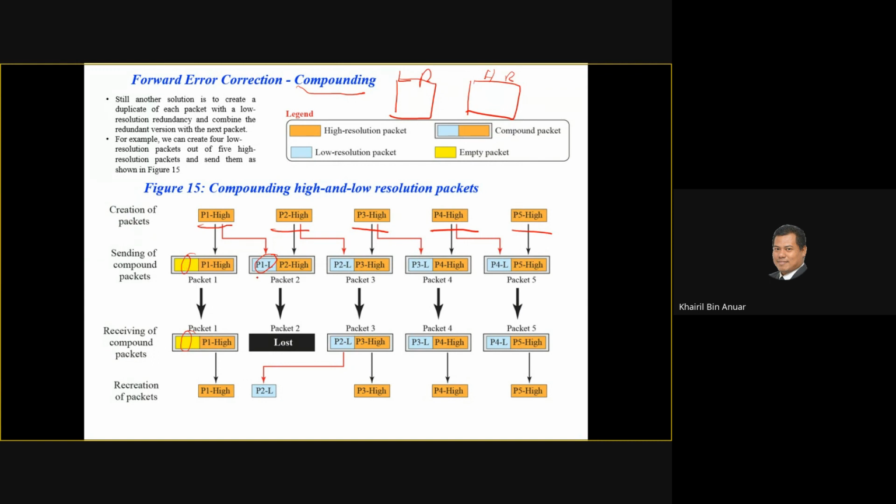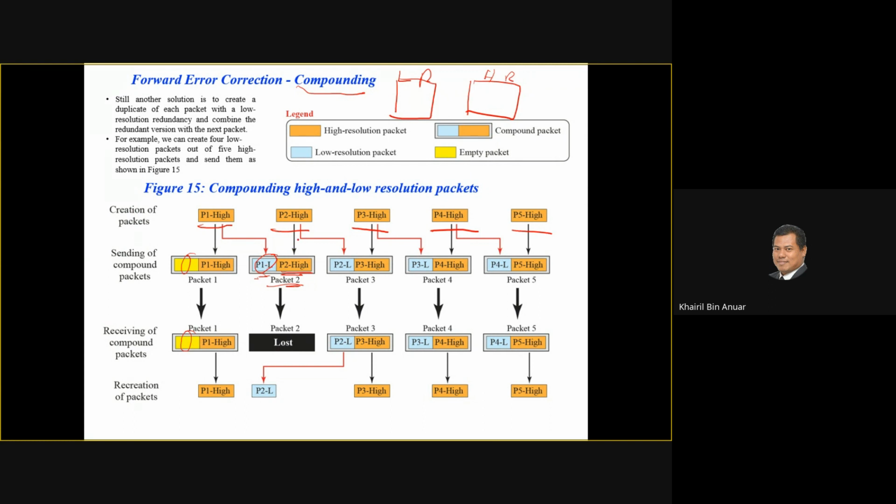But look at packet 2: you need to send P2 high resolution plus the low resolution. Later we'll see at the receiver how this can help prevent a stop of frame in your video.